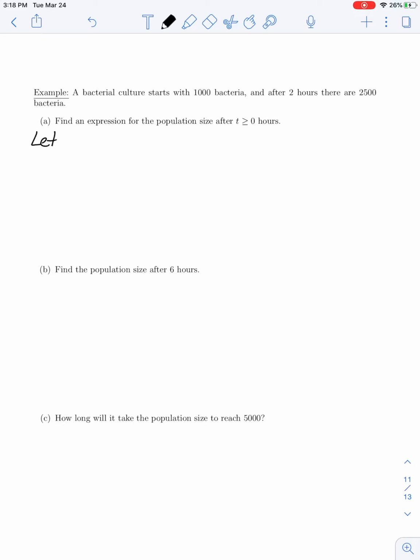Now, based on the exponential growth model, we saw that our solution, or the population size at any given time, y of t, was equal to y naught, our initial population, times e to the rt power. And in this example, y naught, our initial population size, was 1,000. We were starting with 1,000 bacteria.